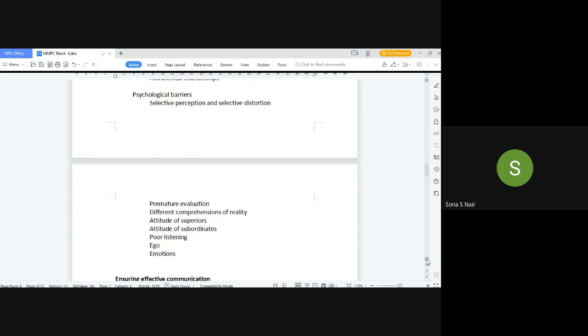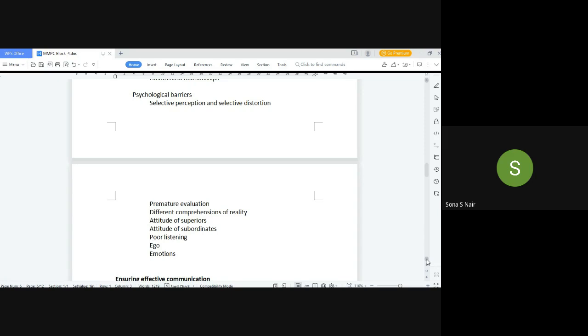You're not able to actually see the situation as the other person is looking at. Someone might be perceiving a problem and trying to communicate to you that look, the productivity is going down to some extent, but you are not able to see the problem. You think that it's a regular thing, not an issue at all. There is no problem at all. So these are different comprehensions of reality.